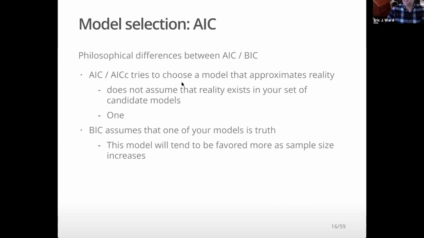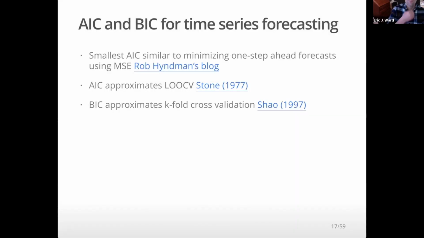Versus with AIC, that doesn't really happen, where the penalty isn't a function of the sample size, and because AIC doesn't assume that one of those models is the true model that generated your data, the weight doesn't end up going to 1. So that's a subtle difference, but it's something to think about as you're thinking about which of these to use.